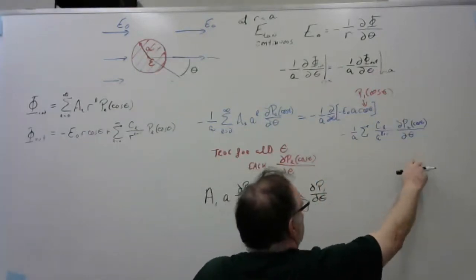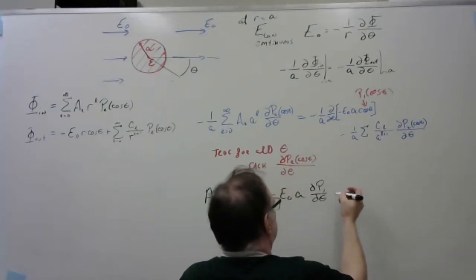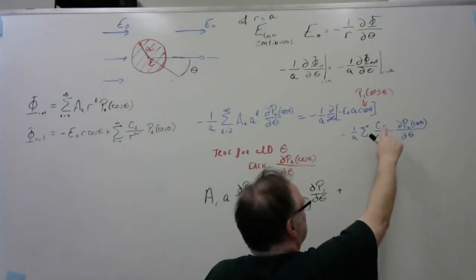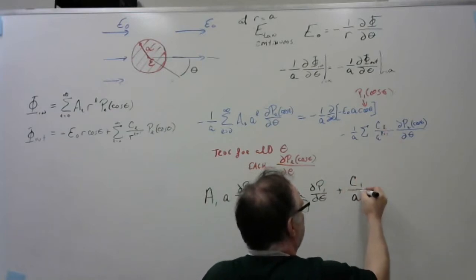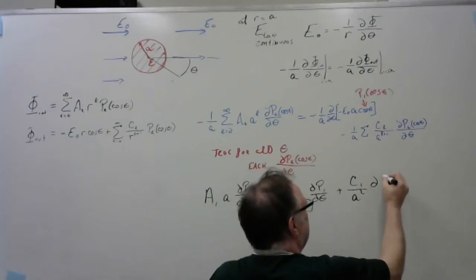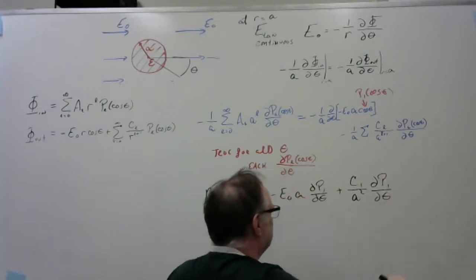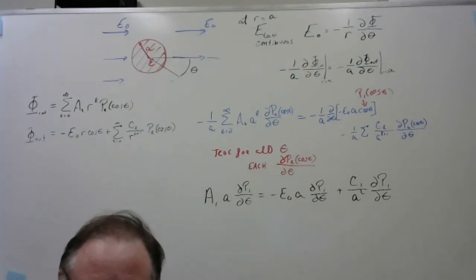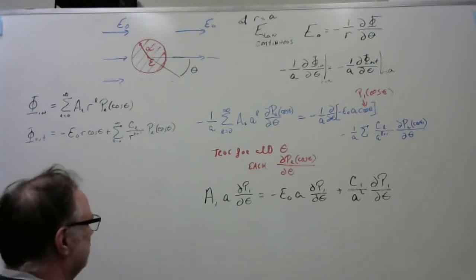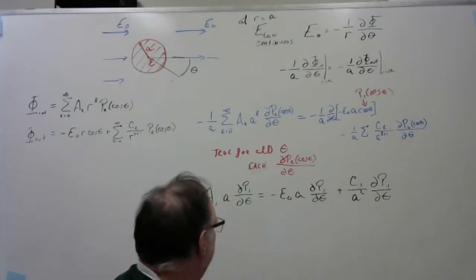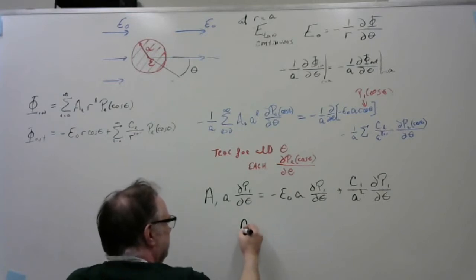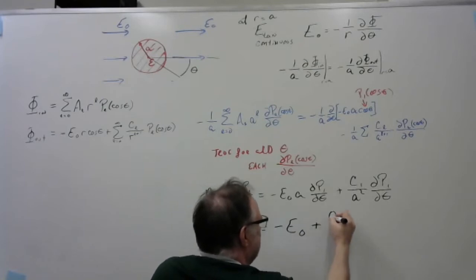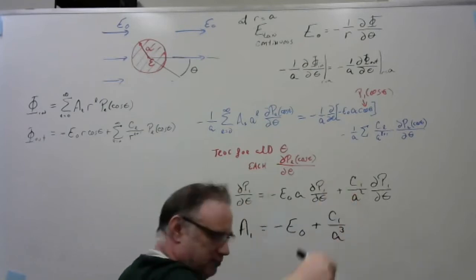And then I take the first one out of here, plus C1 over A squared dP1 d theta. This has to be true for all theta, therefore the coefficients must match. I can divide through by A, and so what I get is A1 is equal to minus E naught plus C1 over A cubed.